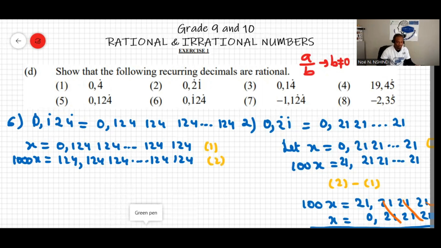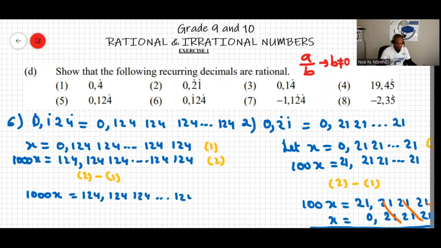Then if I do equation 2 minus equation 1, we have 1000x equal to 124, 124, 124 dot dot dots 124, and x equal to 0.124, 124 dot dot dots 124.